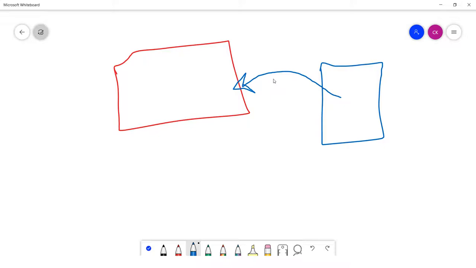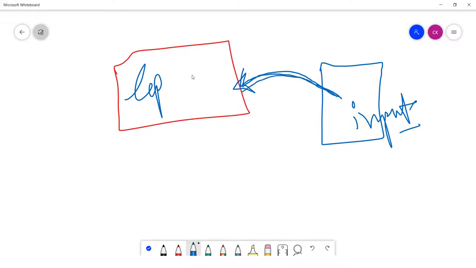So whenever an input device wants to communicate with the microprocessor, this is our microprocessor, this is our input device, the input device generates a certain interrupt and gives it to the microprocessor. Based on that interrupt, the microprocessor gives a response for the communication to the input device.